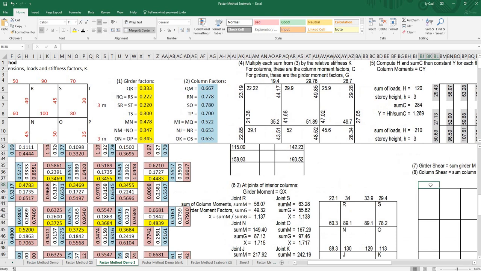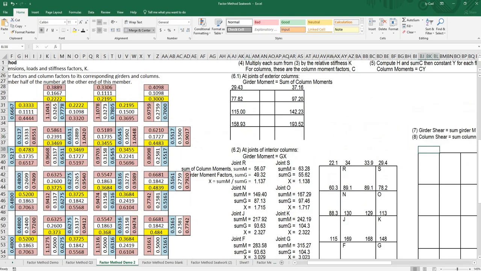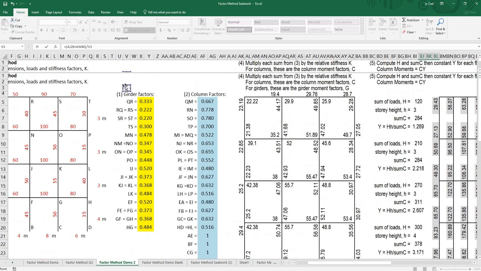For this girder, ang kailangan natin dyan would be exterior moment na 29.43 plus interior moment na 22.1 divided by the length. What is the length? It is 4. Okay? So, 486 tapos 3334. Okay.